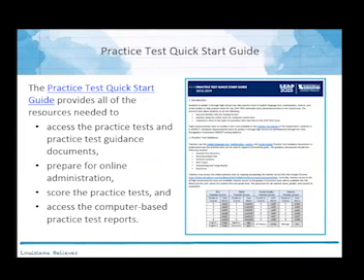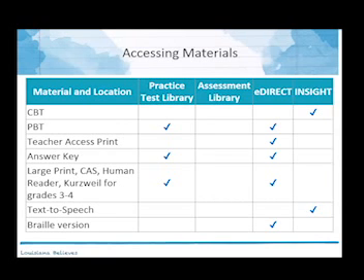So, administering and scoring. The practice test quick start guide breaks down how to access the practice test, teacher access and student access, gives links to guidance documents, and helps you prepare for online administration, scoring, and accessing reports. And so the next few slides give us a checklist of where you can find things, because we realize we have materials in multiple places.